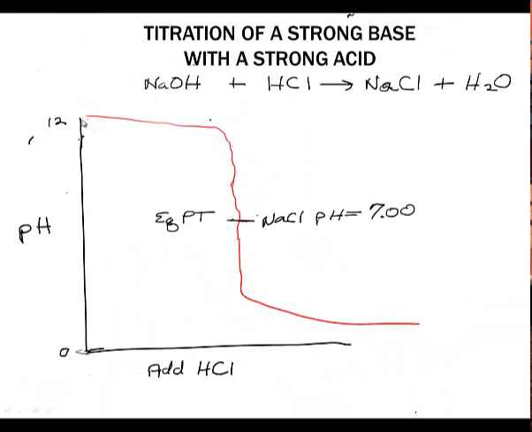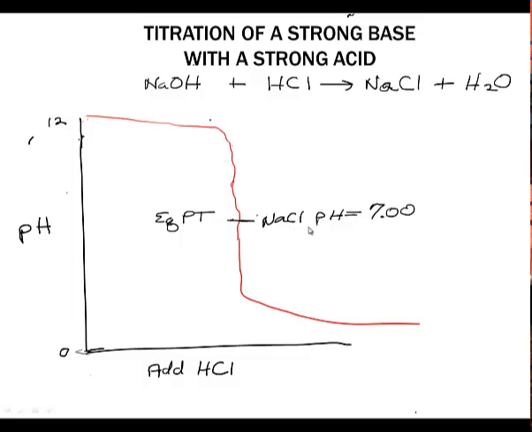And so we start out with a very high pH. We begin to add hydrochloric acid. The hydrogen ion reacts with the hydroxide ion to form water, and we get a neutral salt that's in solution. And so the pH stays high because we still have excess strong base. As we near the equivalence point, all of a sudden we add equal amounts of hydrochloric acid to sodium hydroxide, and at the equivalence point we wind up with just sodium chloride and some water.